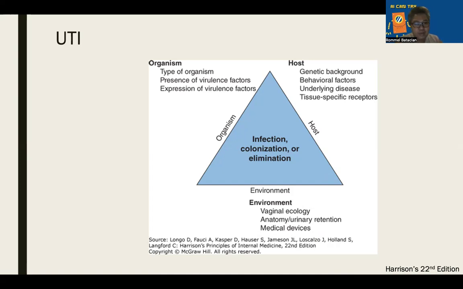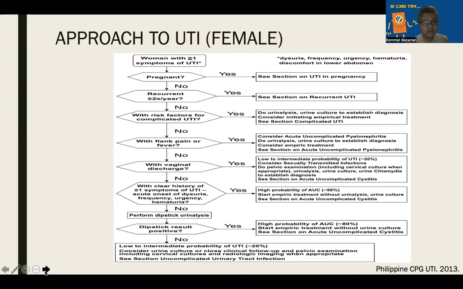So the type of organism. Escherichia coli is still the most common etiology of UTI, even in the most complicated types of urinary tract infection.